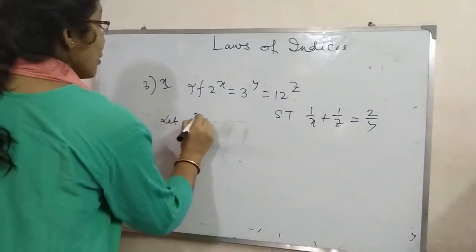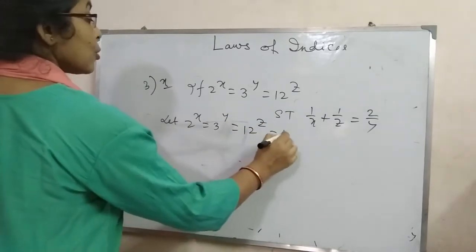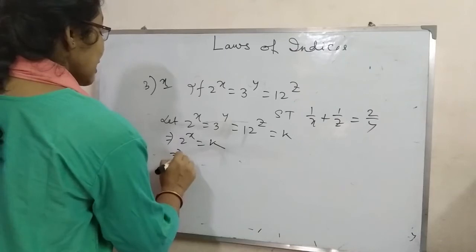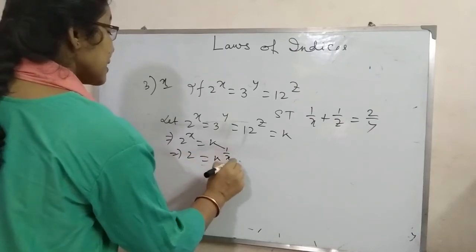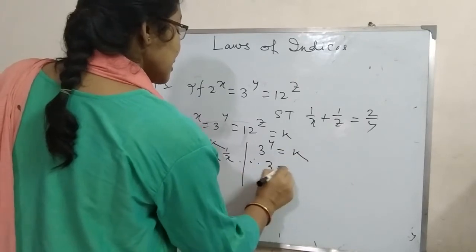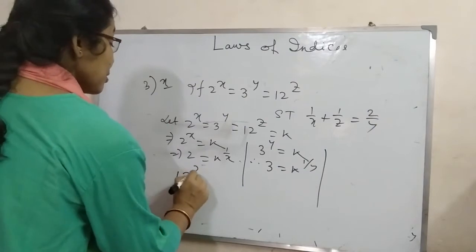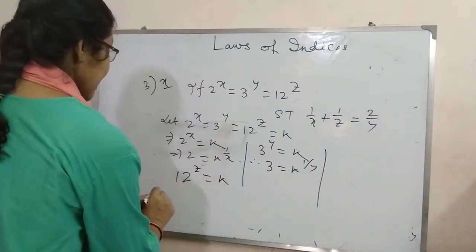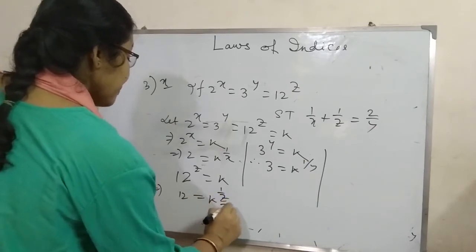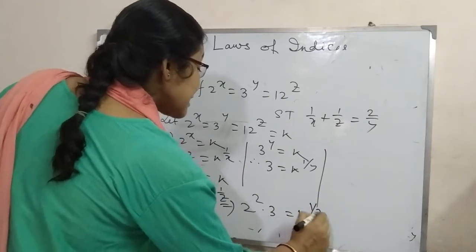Let 2 to the power x equal to 3 to the power y equal to 12 to the power z equal to k. 2 to the power x equal to k, therefore 2 equal to k to the power 1 by x. 3 to the power y equal to k, therefore 3 equal to k to the power 1 by y. 12 to the power z equal to k, that is 12 equal to k to the power 1 by z. 2 square into 3 equal to k to the power 1 by z.